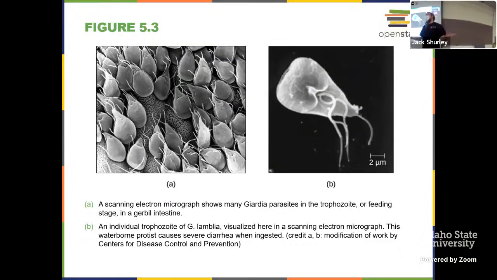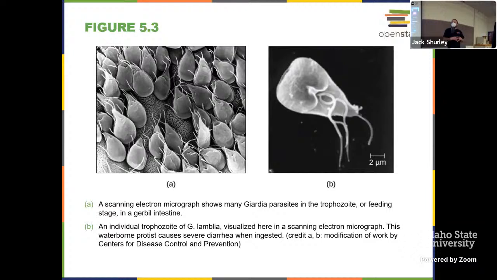Those cysts get in, they hatch out, they start feeding, they start replicating, and then all of a sudden, over the course of a few weeks to a month, their population has exploded. Now you've got massive amounts of these parasites in your intestine. We call these guys duodenalis or intestinalis, along with lamblia. But the duodenum is one of the main places where these guys will take up residence.